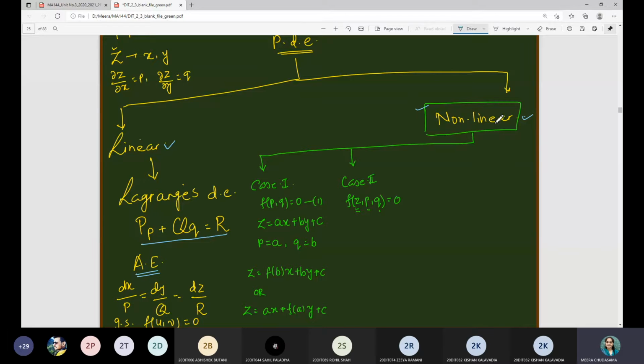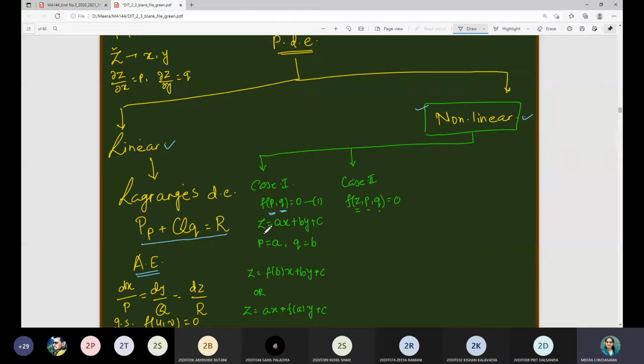Now come to the non-linear case, right? In that case we have four cases. The first case is the partial differential equation involving only p and q, meaning the expression will be independent of x, y and z.